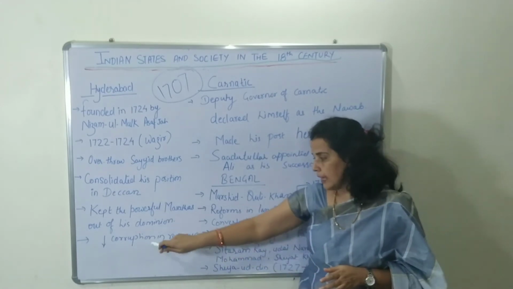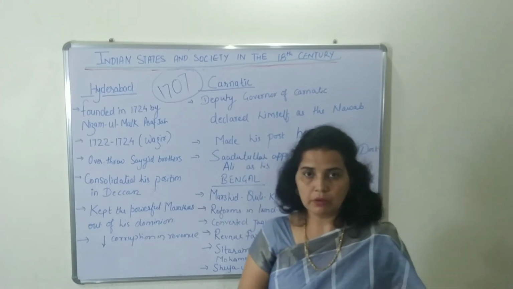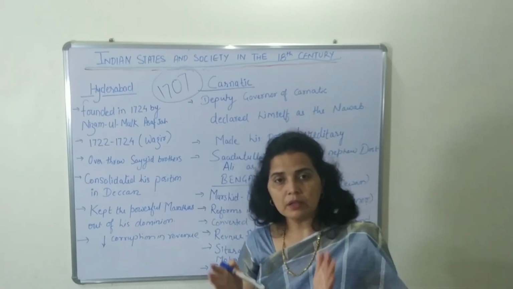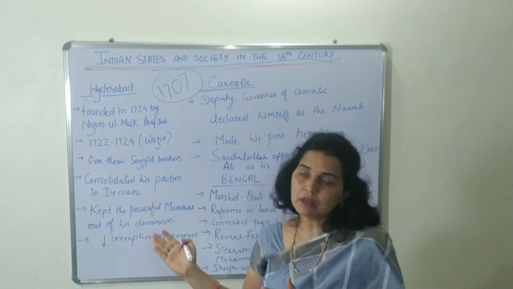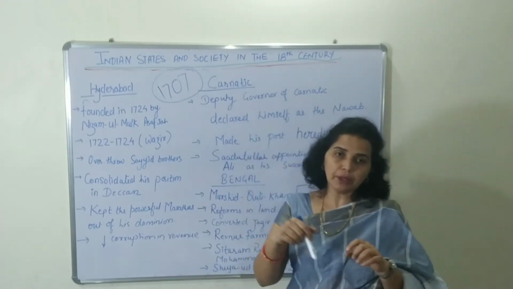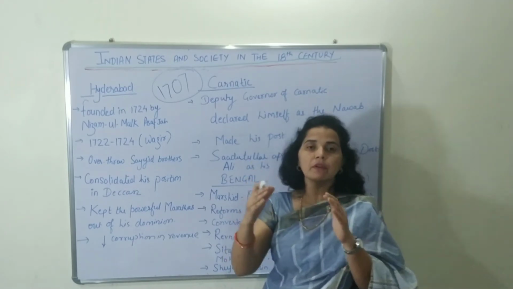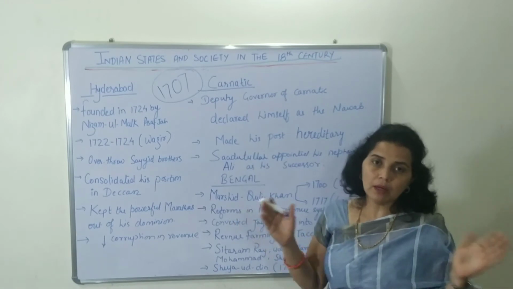And as we have discussed, he curtailed corruption also. So this much was written in this book about Nizam ul Mulk Asaf Jahan, so we won't go into depth. Later when we cover any standard book, we will study all these things in more detail.